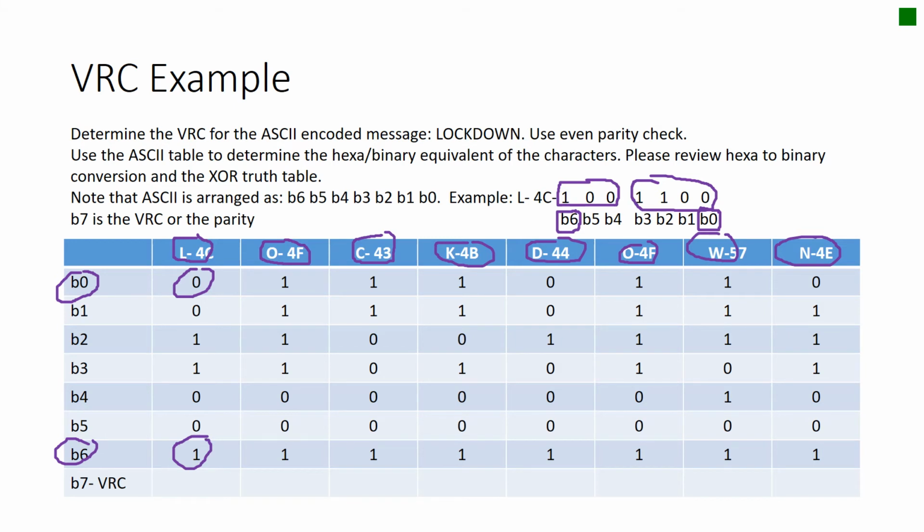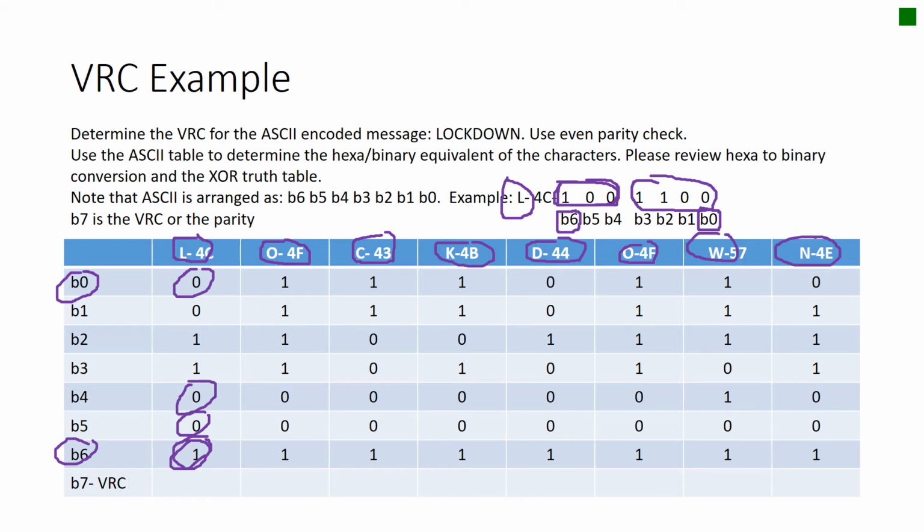part of the table. So that when L is written on the table as an ASCII code 1001100, that is B6 is 1, B5 is 0, B4 is 0.